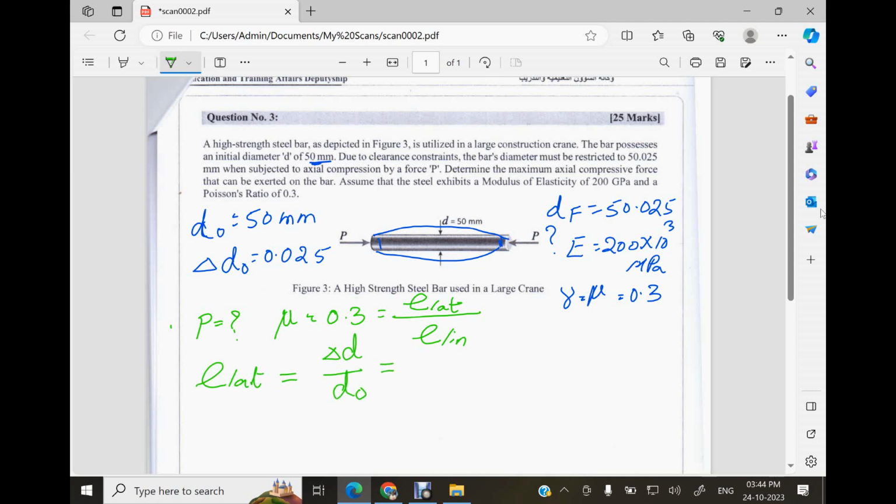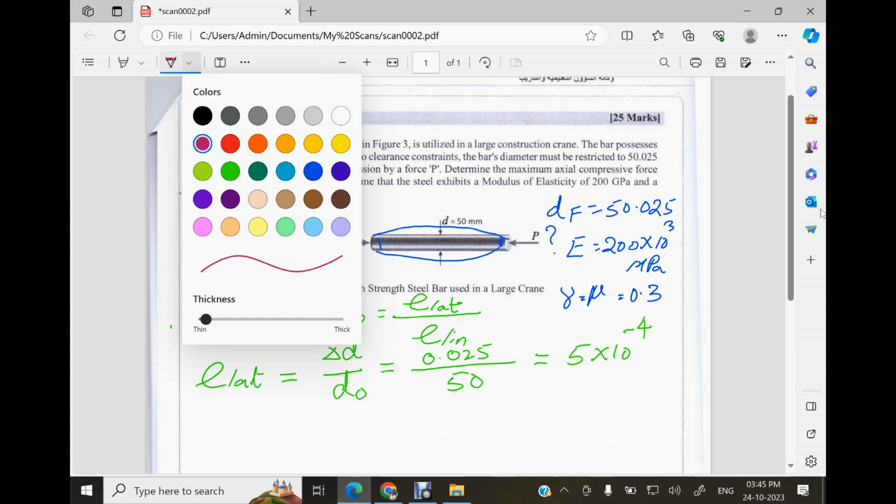So what is the value of delta D? 0.025 divided by D naught, which is 50. This gives me a value of 5 into 10 to the power of minus 4. There is no unit, because it is a ratio.